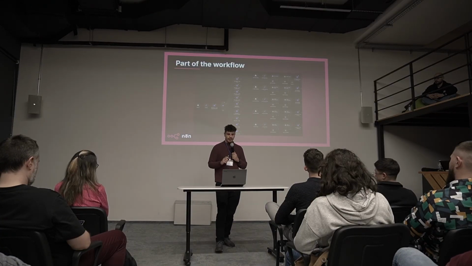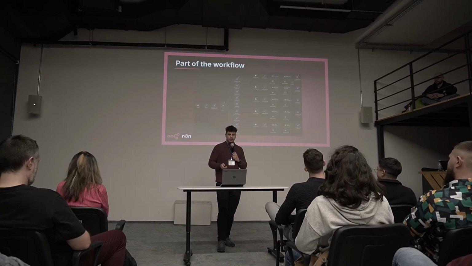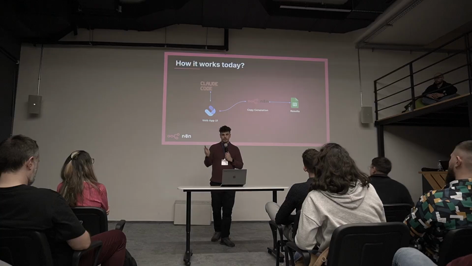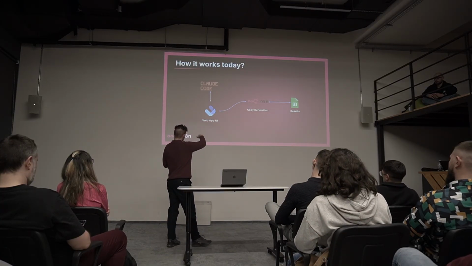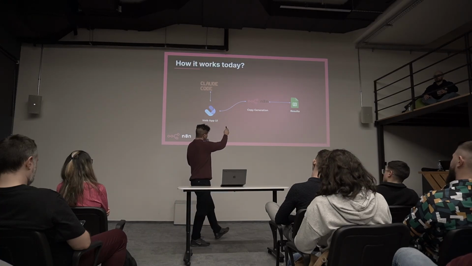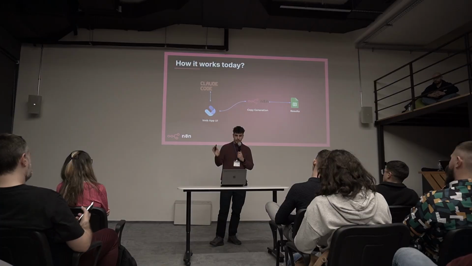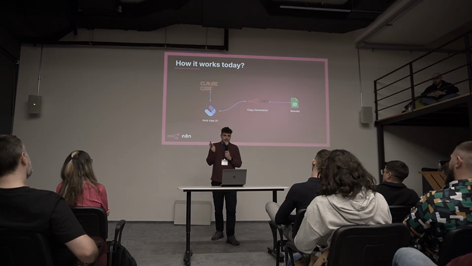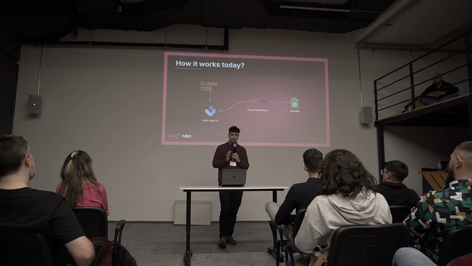So yeah, this will come in the n8n course. So this was part of the workflow, how it works nowadays. Just Claude Code building the web application, then the copy generation and the results in Google Sheets. And it's that simple. So when you have fewer tools, better.